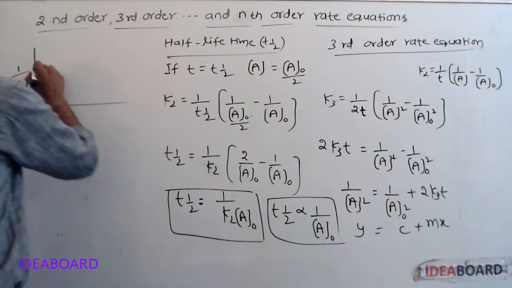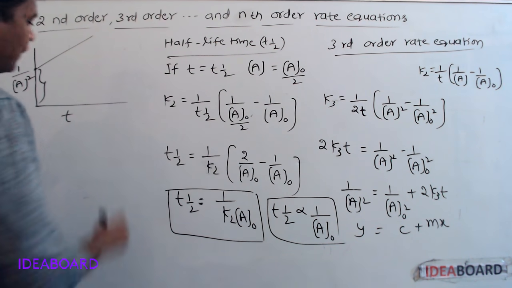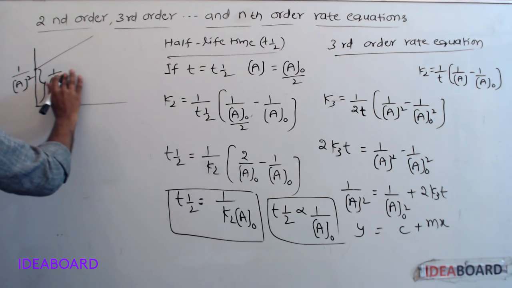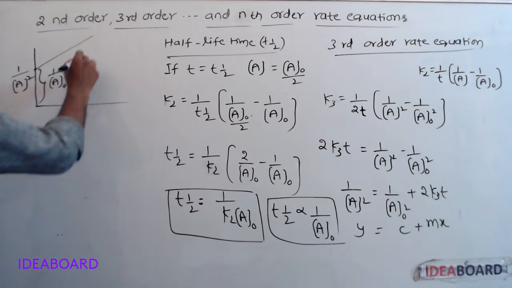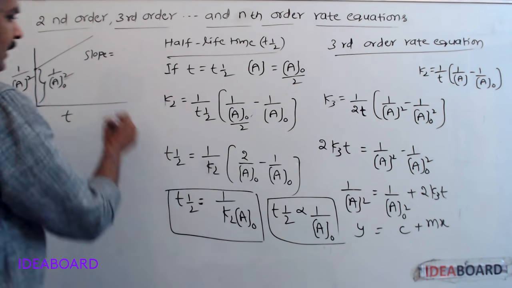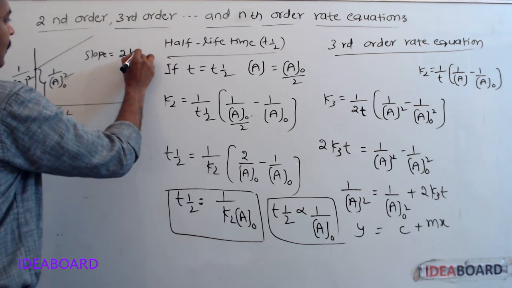Here the y intercept is equal to 1 by A naught square. Here the slope is equal to 2K3.